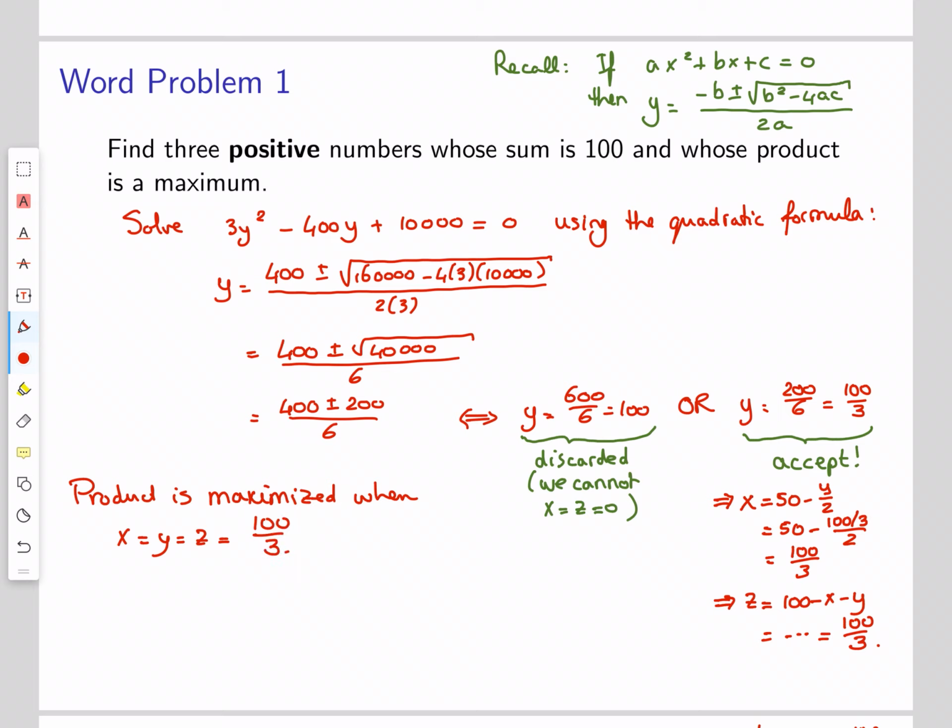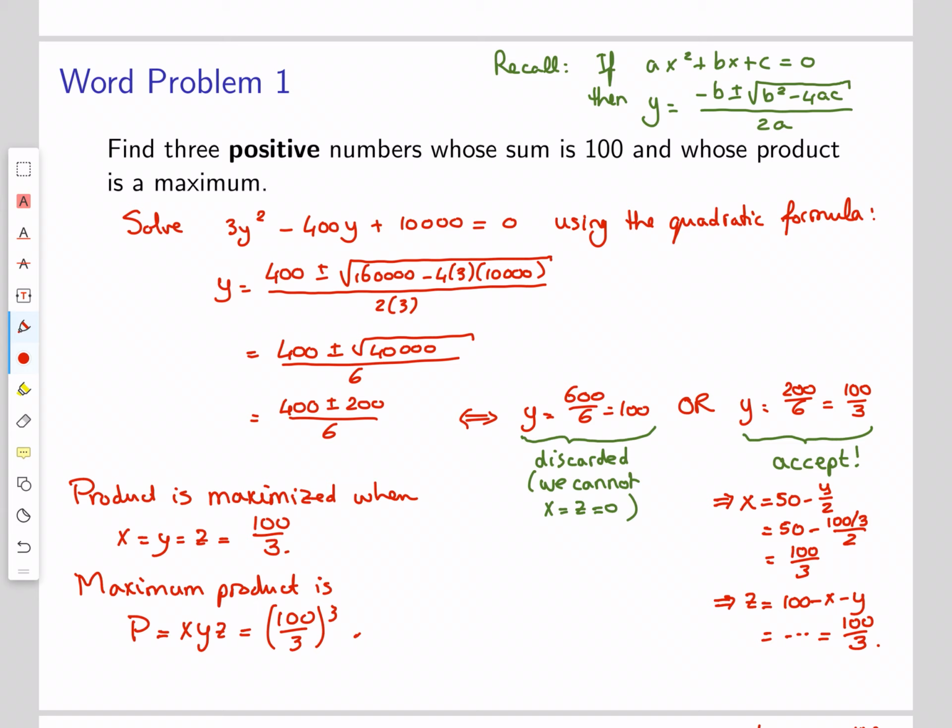And the maximum product is P, which is then x, y, z, which is 100 over 3 cubed.